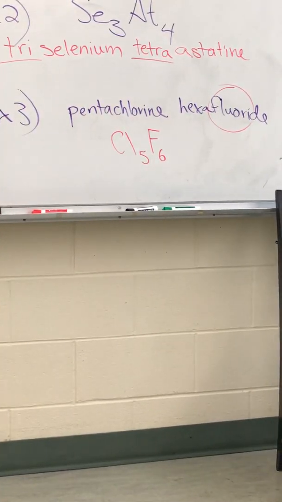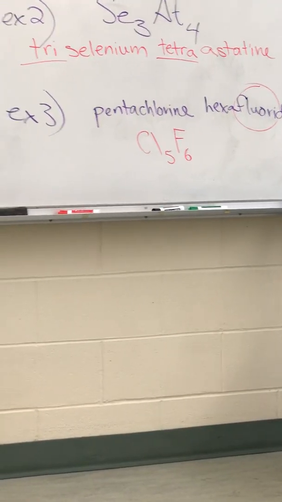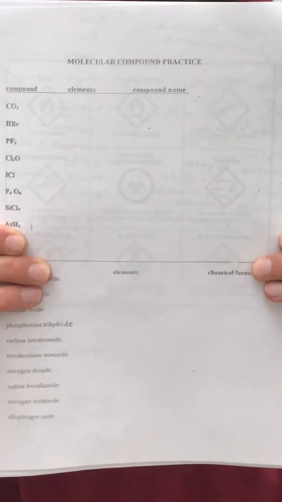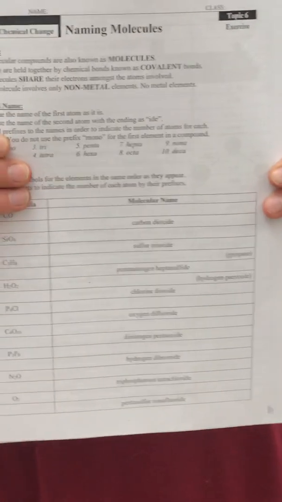Given those instructions, I'm hoping that you will be able to do all of the words, yes, every single one. The ones on page 10 that say molecular compound practice, and the ones on page 11 that say naming molecules.